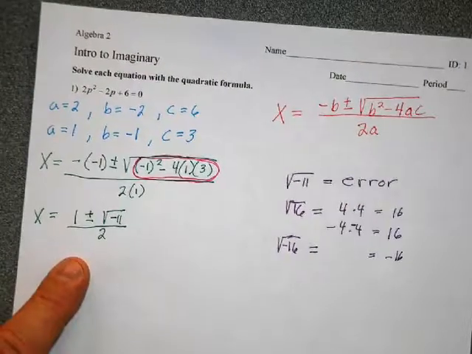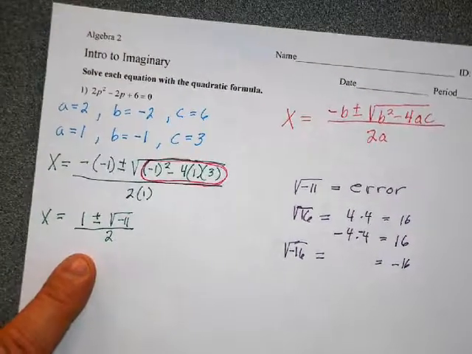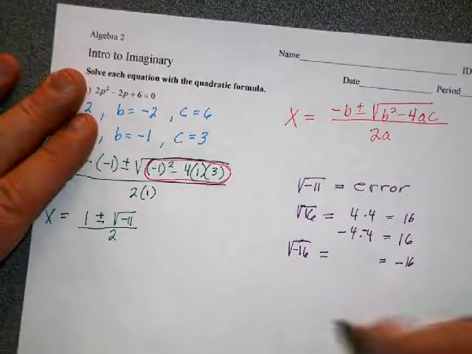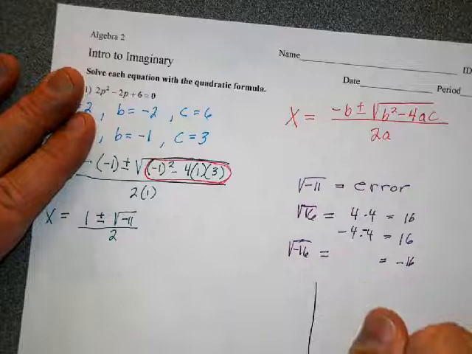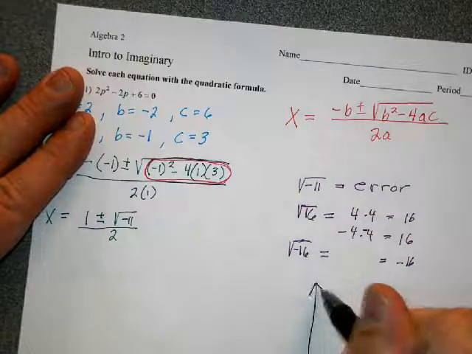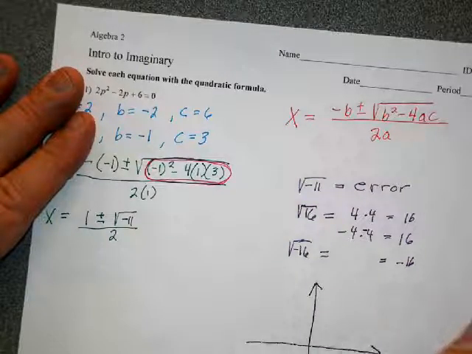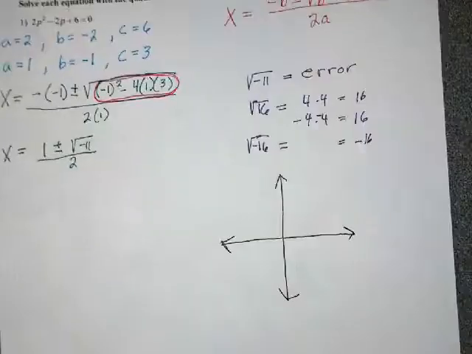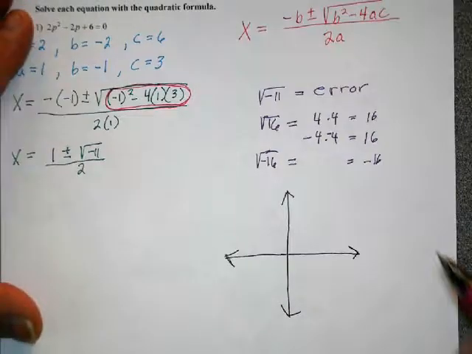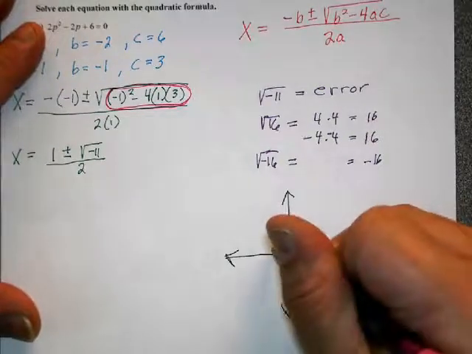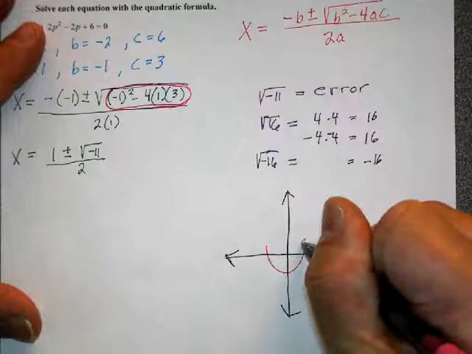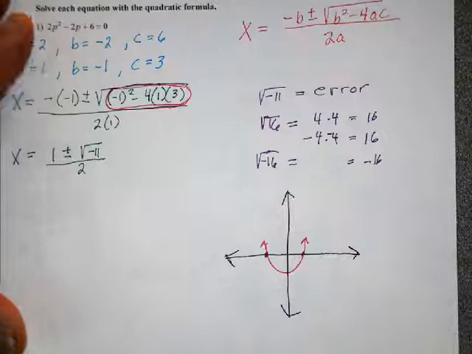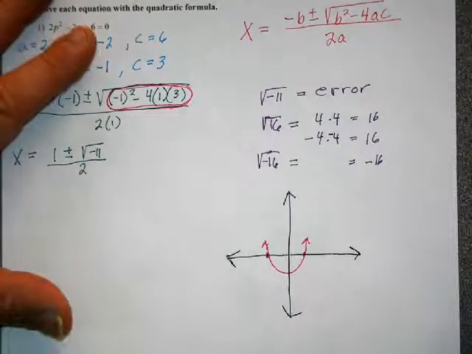What does this mean, actually? Anybody know that? Well, we have all kinds of different parabolas, right? When we were solving quadratics with the different methods, sometimes we would get two numbers, two x-intercepts, two zeros, two roots, two solutions, whatever you want to call them.